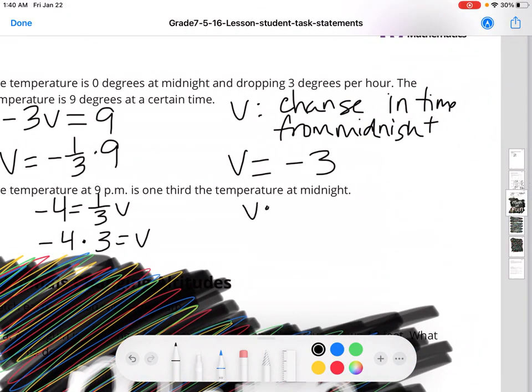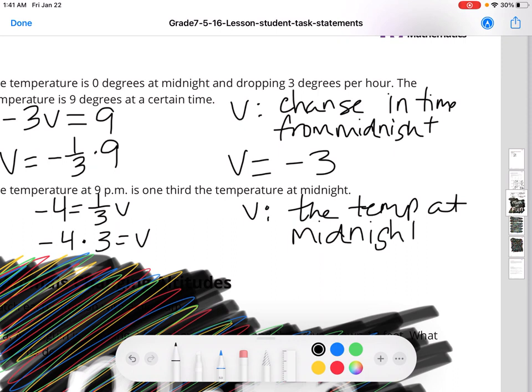So for this problem, V represents what? Represents the temperature at midnight. So V equals what for these equations to be true? So V equals -12.